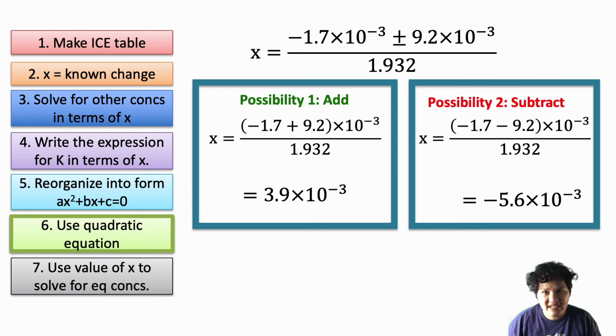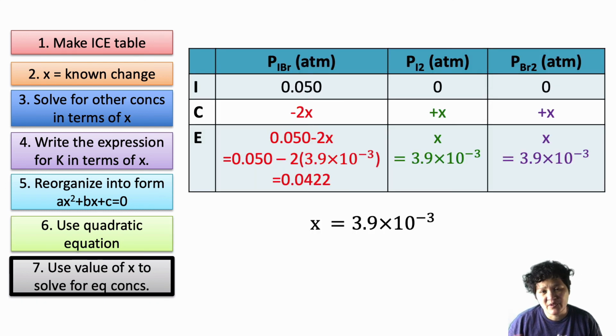Even without looking at the ice table, we have a value for x which is negative, which is not going to work at all. So we have to use that value from adding. Now, if you look at the ice table, you can see that the equilibrium pressures for both iodine gas and bromine gas will be 3.9 times 10 to the minus third, while our value for IBr will be 0.0422 atmospheres.